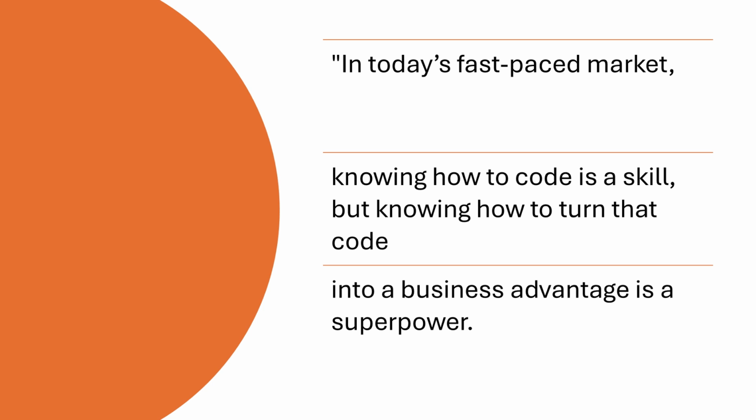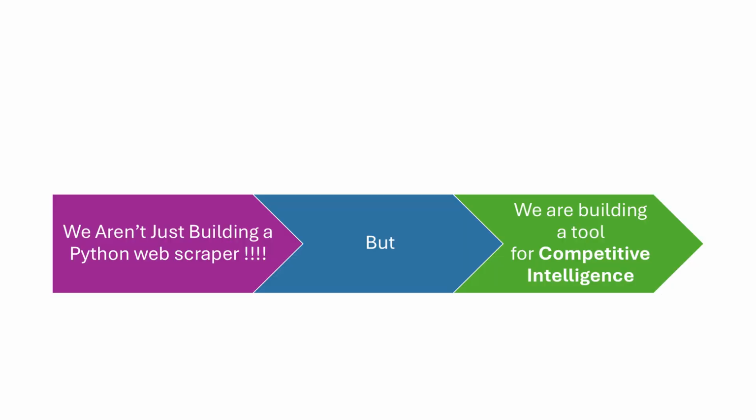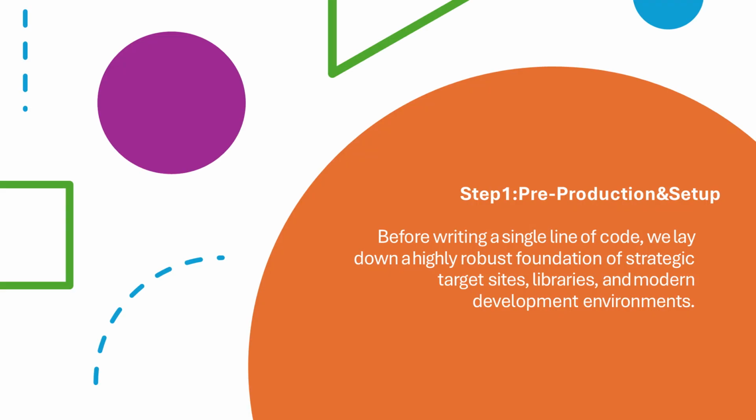In this tutorial, we aren't just building a Python web scraper. What we are building is a tool for competitive intelligence. I'll show you step by step how to automate price tracking so that you can stop guessing and start making data-driven decisions that give your business a strategic edge.